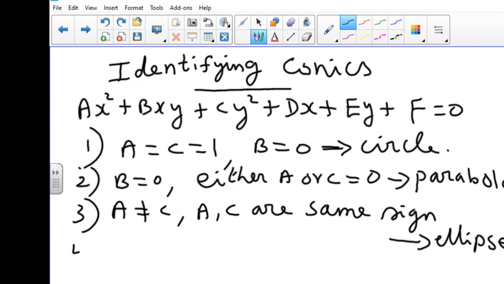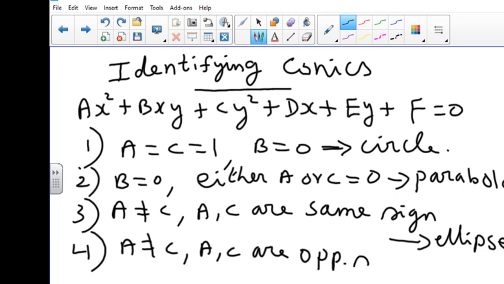Then the fourth one, when a is not equal to c and a and c are of opposite sign, we get a hyperbola.